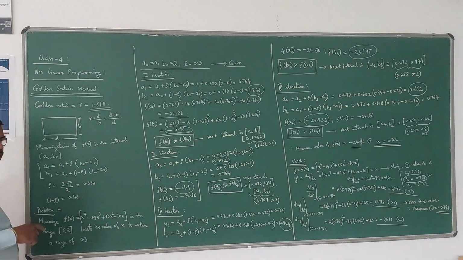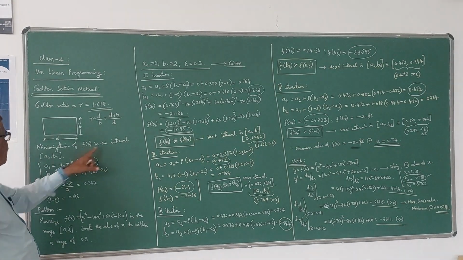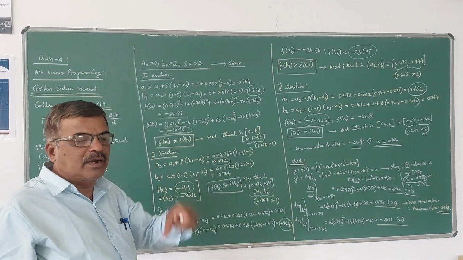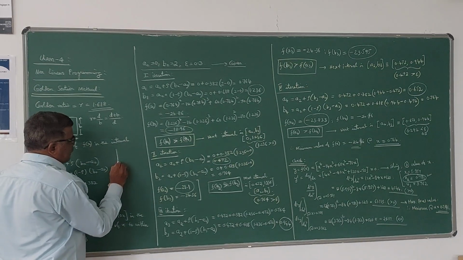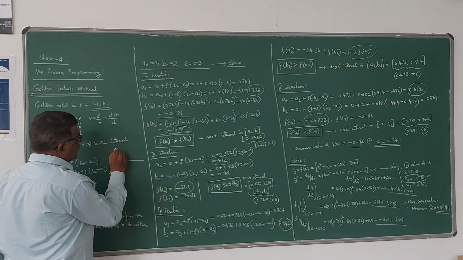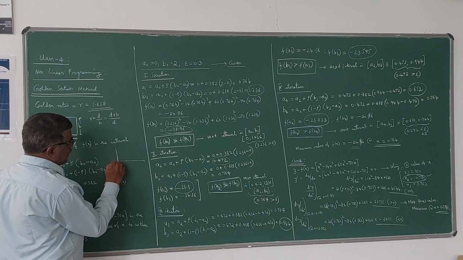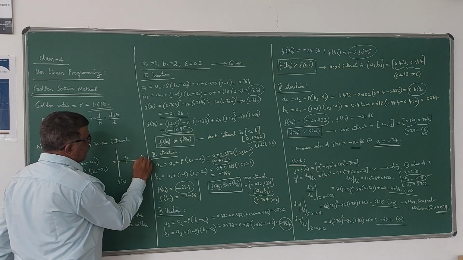Now in this method we are minimizing a given function f of x in the interval a0, b0. So a0 is the lower limit and b0 is the upper limit. In our earlier method, the Fibonacci method, we were doing the same thing. If f of x is this and x is this, your a0 will be here and b0 will be here.